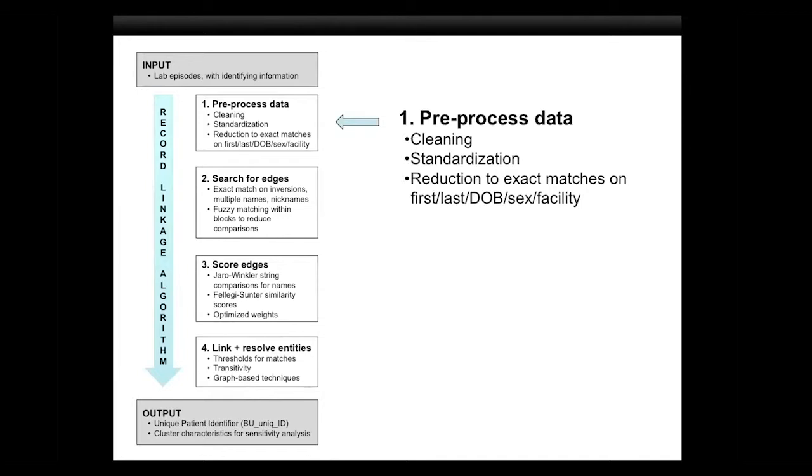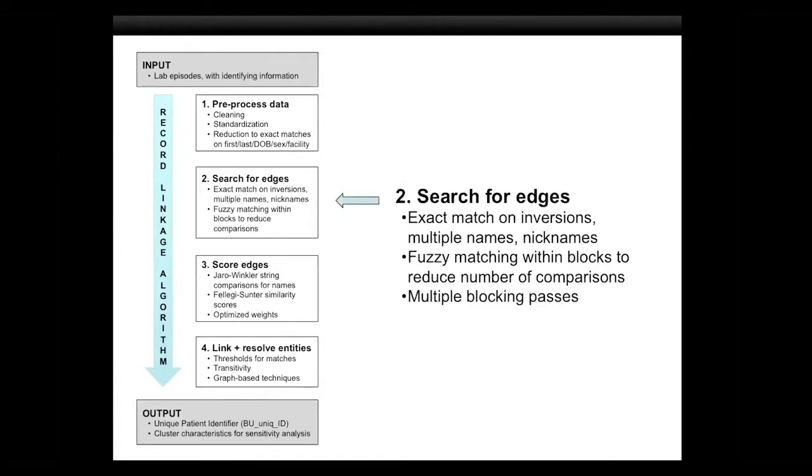We follow standard procedures here for record linkage with a few twists. We pre-process the data, and then we search for potential matches between different iterations, different observations of potential patients.